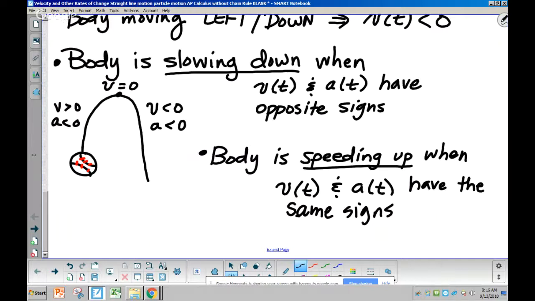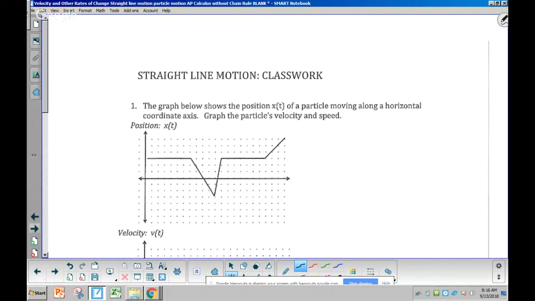So let's do some problems. All right, so this is what we might be seeing. Now, in this class, like I said, we're going to have two-dimensional motion.